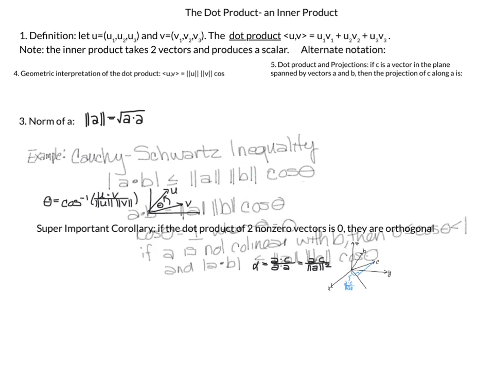And this inequality holds directly because of the definition of A dot B, and here I have the definition of A dot B. What you want to note is cosine of theta is equal to 1 when theta is equal to 0. So if A is not collinear with B, then cosine theta is going to be something between 0 and 1, but definitely less than 1. If they're collinear, in other words, the angle between them is 0.